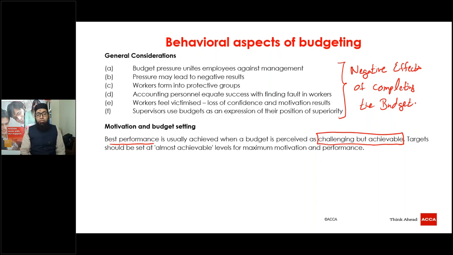Neither will it if the budget seems so high that I will not be able to achieve it. In both of these situations, my motivation level will be down. I will not try to achieve the budget. So the target should be set at an almost achievable level for maximum motivation and performance.